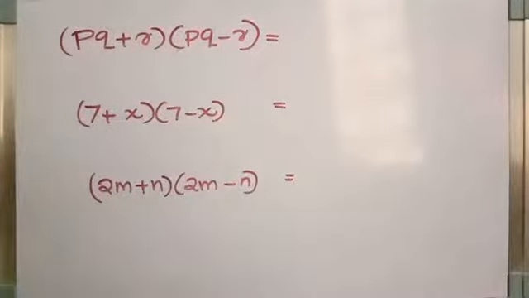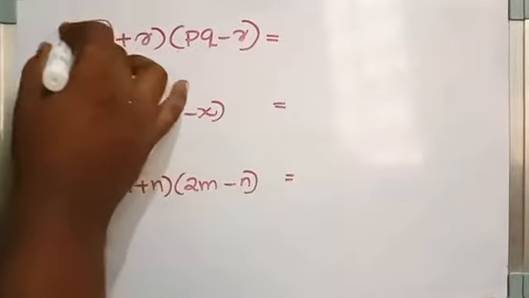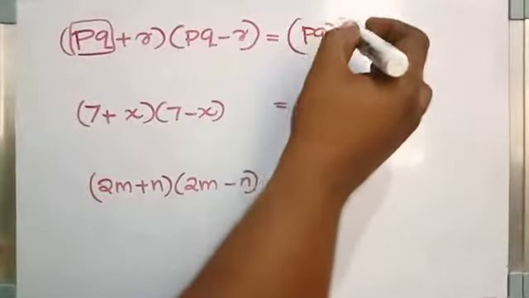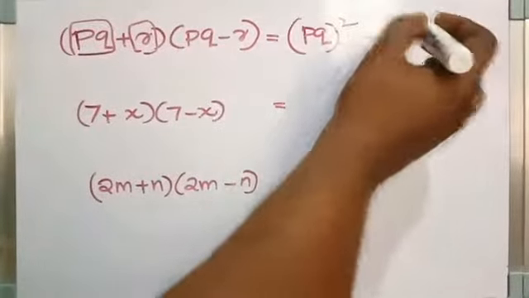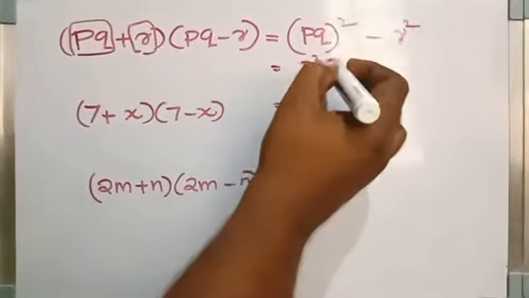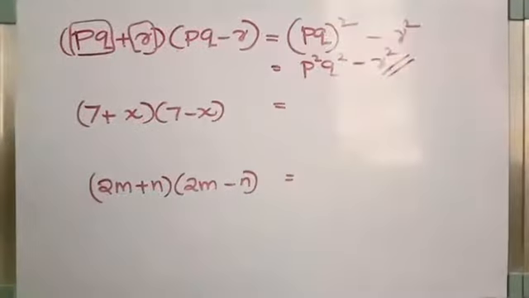So the method we can use is to take the first term, PQ, its square, minus the second term R, its square. So we get P squared Q squared minus R squared as the answer.